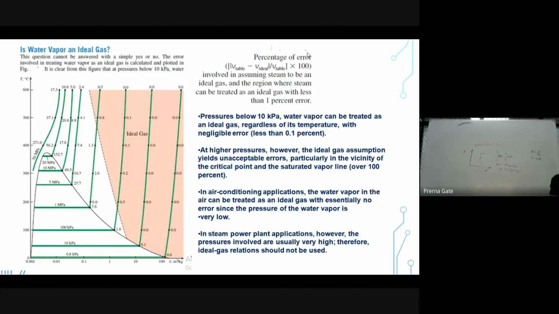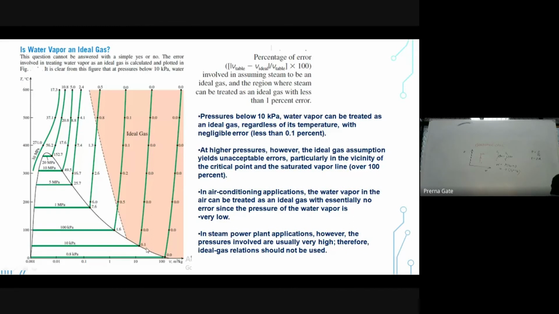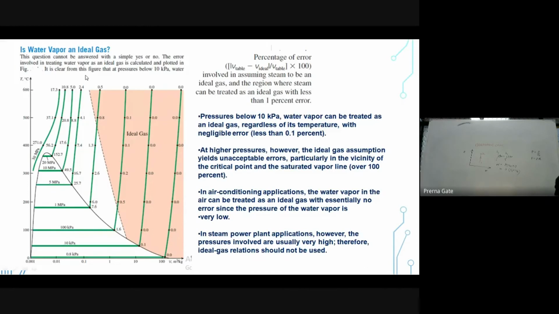Here you can see that in this particular zone the error associated is very small, 0.1, 0.0, 0.5, 0.2, 0.8. This particular region, marked by this orange color, has very little error associated, so in this zone the water vapor can be assumed to be an ideal gas.